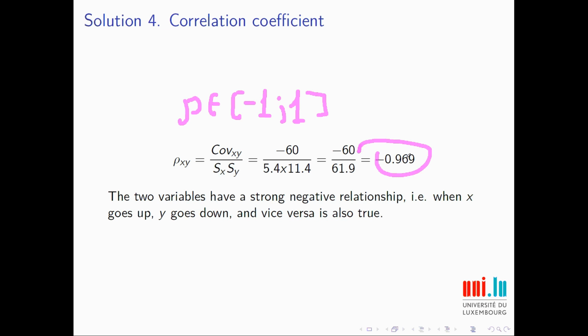So we can say there is a very strong negative linear interdependence between two variables.